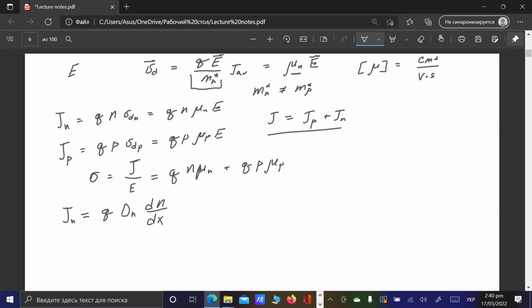Since in most cases we have planar devices, and we deal with a single dimension case, instead of writing the gradient of charge carrier concentration, which implies considering it in three-dimensional space, we can just operate with the first derivative over our position along one axis, which is axis x, for instance.